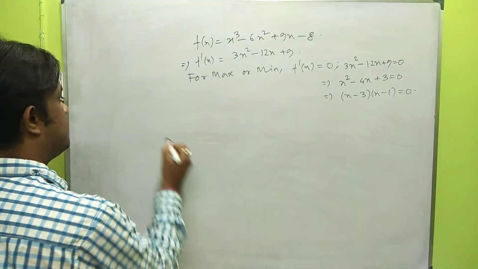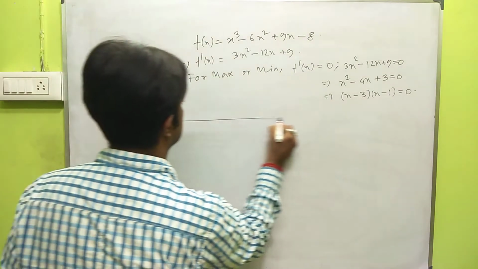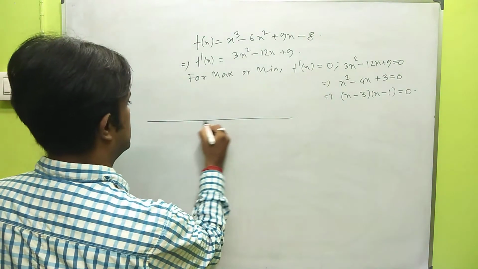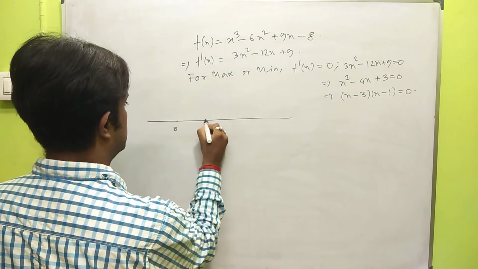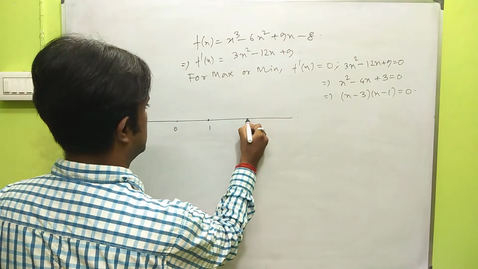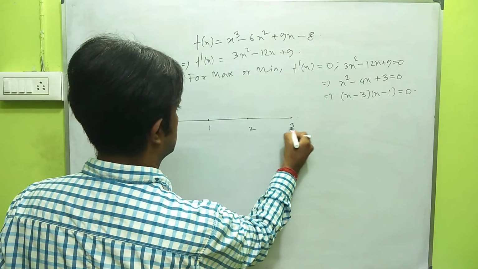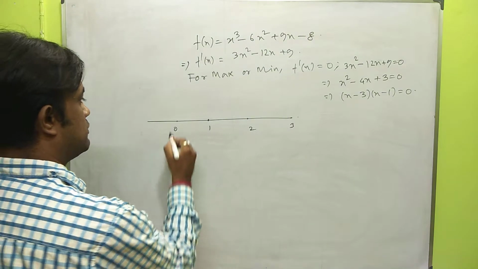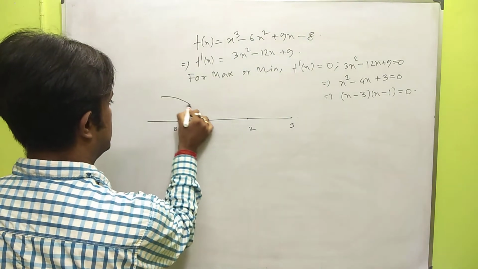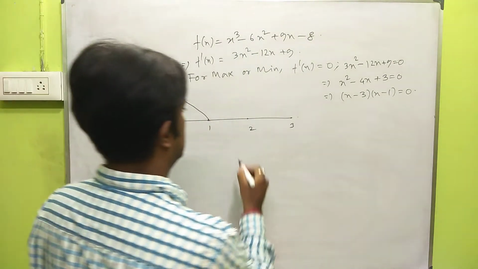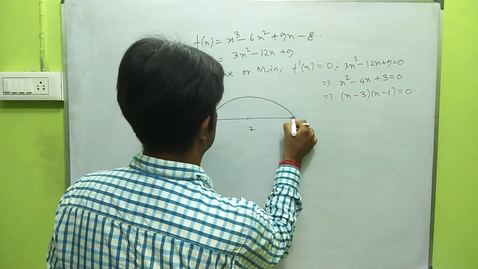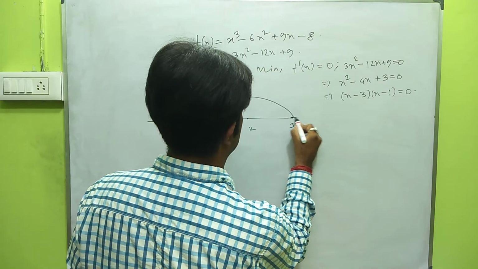Now if I draw a wavy curve, suppose 0, 1, 2, 3. Suppose we draw this curve in this way, 1 and 3.